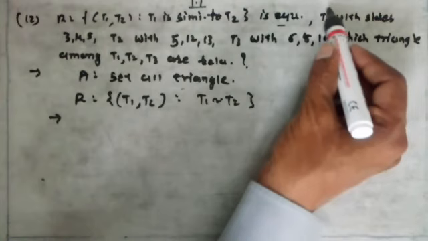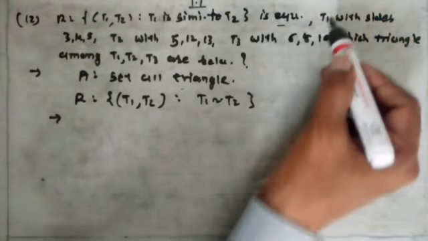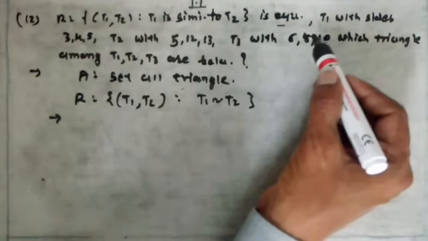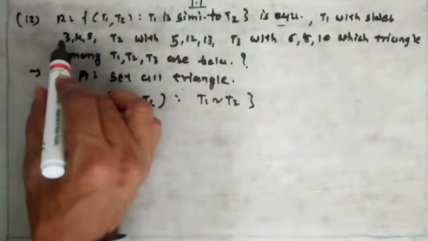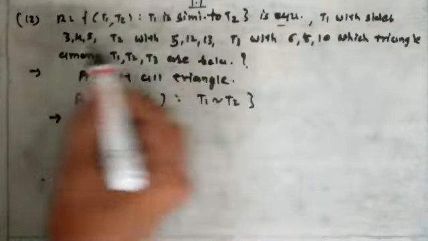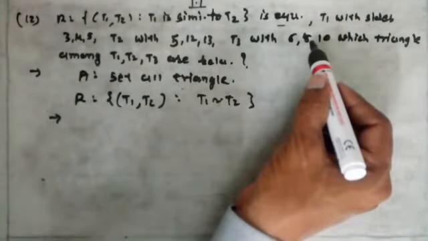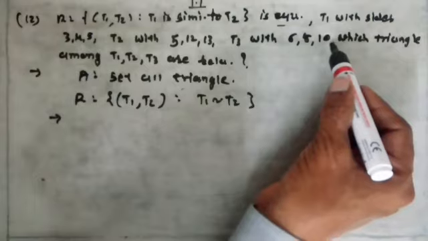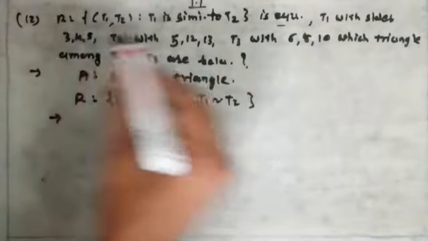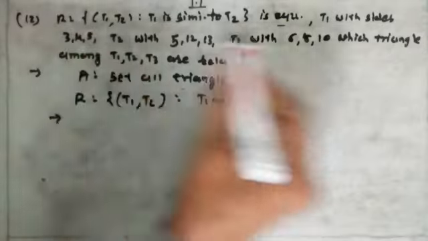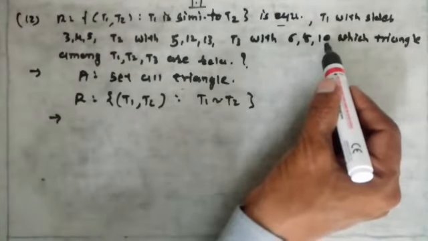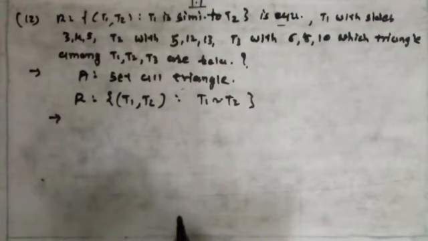So the lengths of sides of T1 and T3 are in proportion, because the first side of T1 is 3 and of T3 is 6, the second side 4 and here 8, and the third sides 5 and 10, and all are in the same proportion. 3 upon 6 is equal to 4 upon 8 is equal to 5 upon 10. So T1 and T3 are related. Clear this?